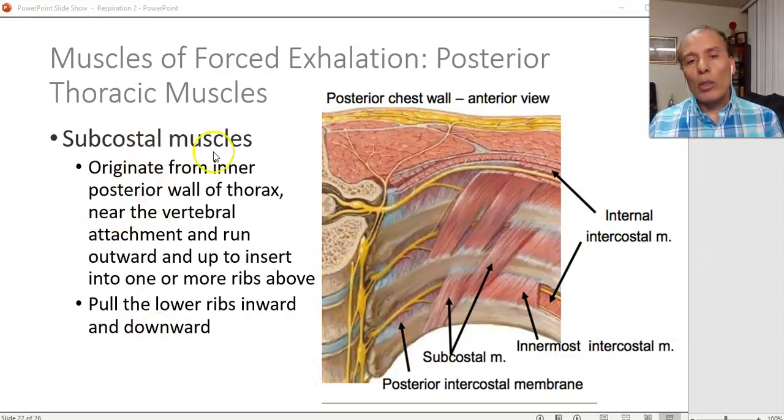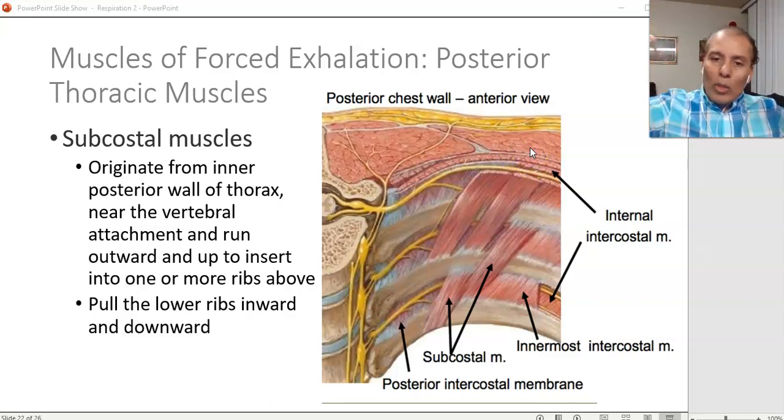So the subcostal muscles originate on the inner posterior wall of the thorax, on the margin of one rib, and they course superiorly and laterally to attach on ribs that are above. So they run laterally or outward to insert onto one or more ribs above them, because you want to pull down, and when they pull down, they pull in as well.